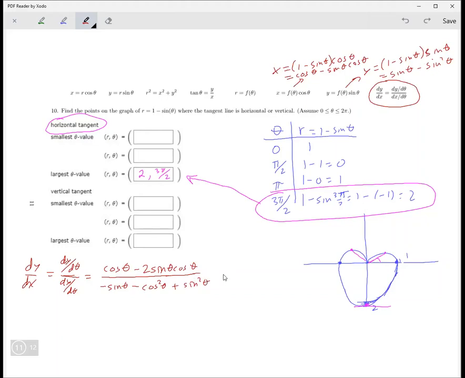Ouch. Okay, so where you have a horizontal tangent will be where the numerator is going to be 0. Those are potentials for where you have a horizontal tangent.